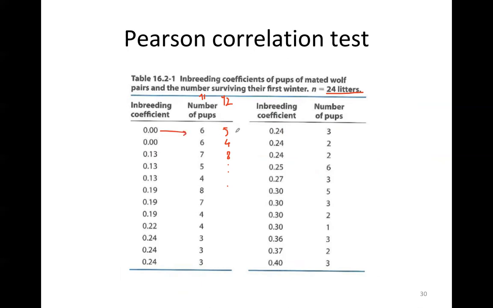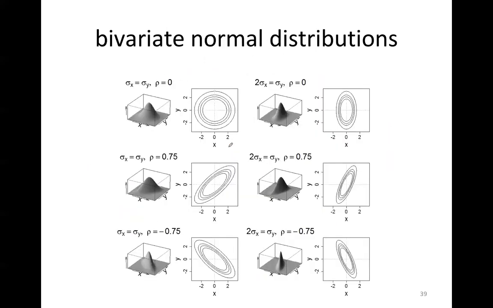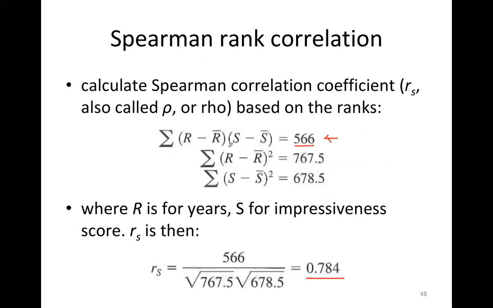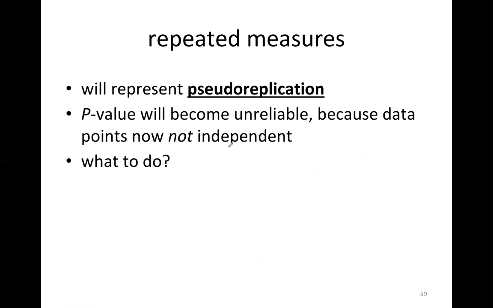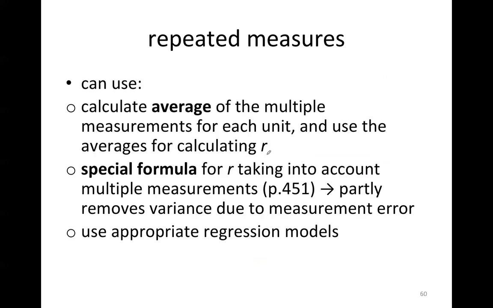Same family. What you could do is calculate the average of these values. That would be the simplest and safe approach. Calculating the mean, and then each data point is independent, and you then calculate the correlation. You could also use some special formula that takes into account this effect. And you can also go for some regression models, but the simplest solution might be just taking the average.